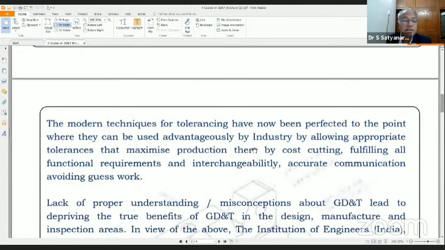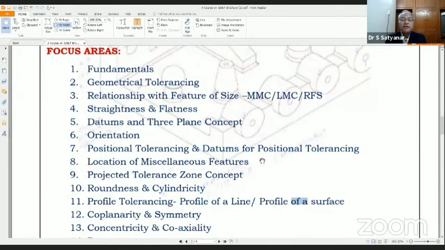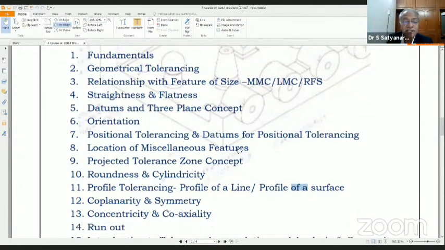In the next 3 classes, we will be dealing with MMC, LMC, regardless of feature size, straightness and flatness, datums, and how to select the datums, as already explained. Then the advantage of datums, orientation, position tolerancing and datums for position tolerancing, and location of miscellaneous features.